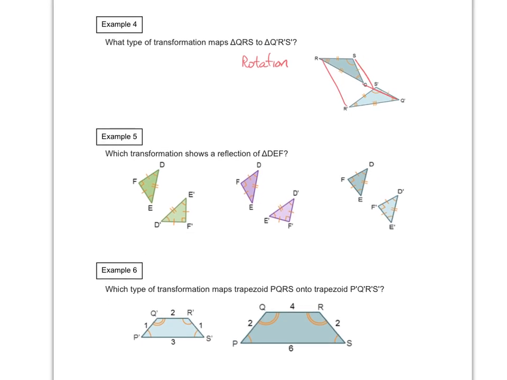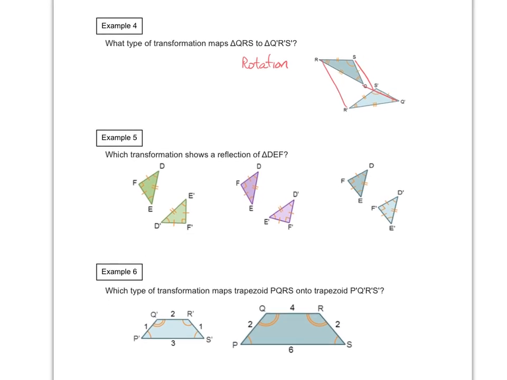Which transformation here shows a line of reflection? Okay, again, or shows a reflection. Again, connect your points here on number 5. F to F prime, E to E prime, D to D prime. Okay, not parallel. E to E prime, F to F prime, D to D prime look to be parallel, not all the same side.